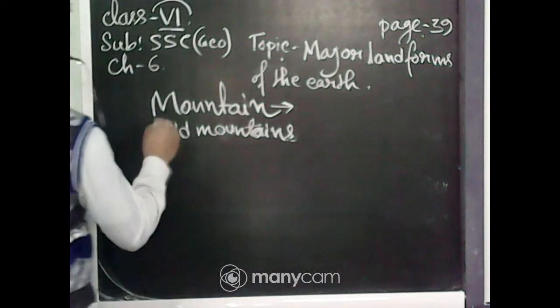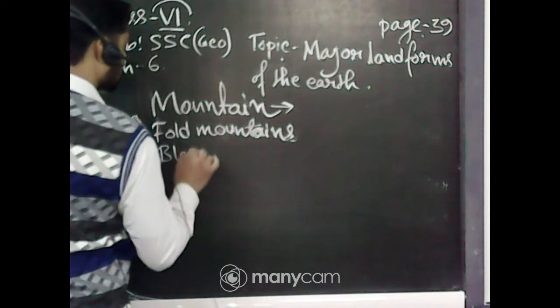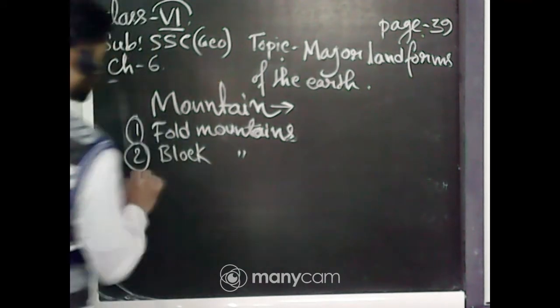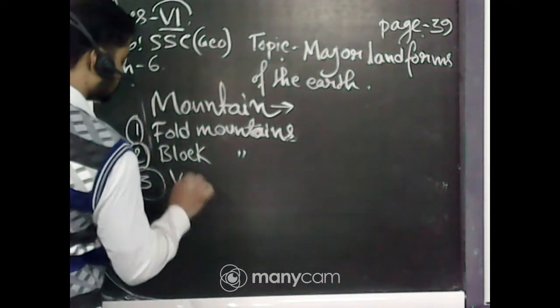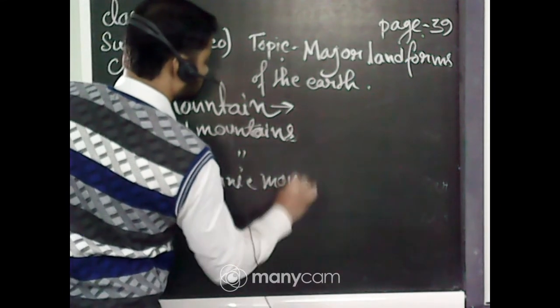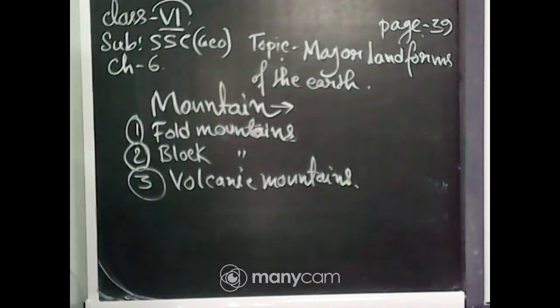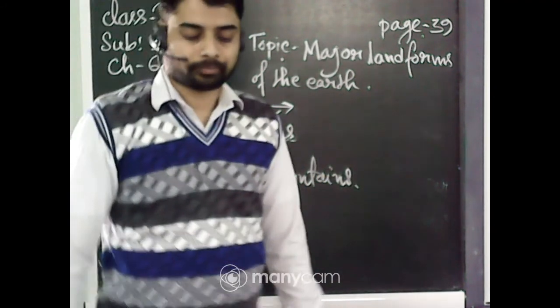Number two, block mountains. And number three, volcanic mountains. Okay, so these are the three major types of mountains.